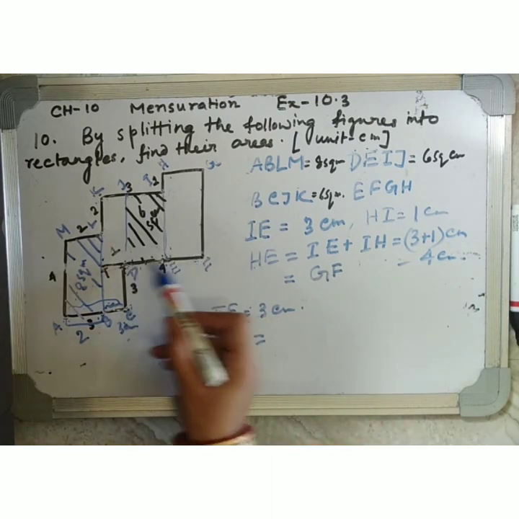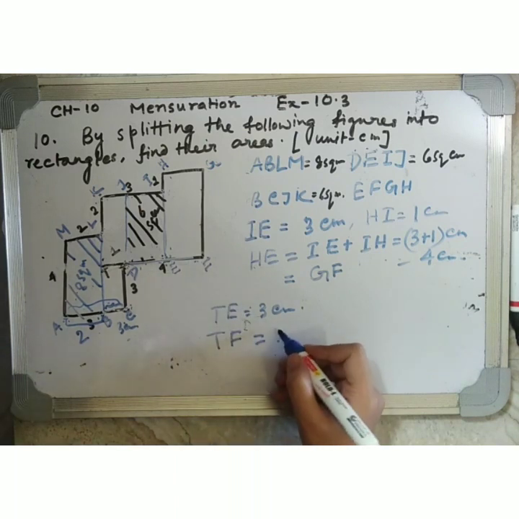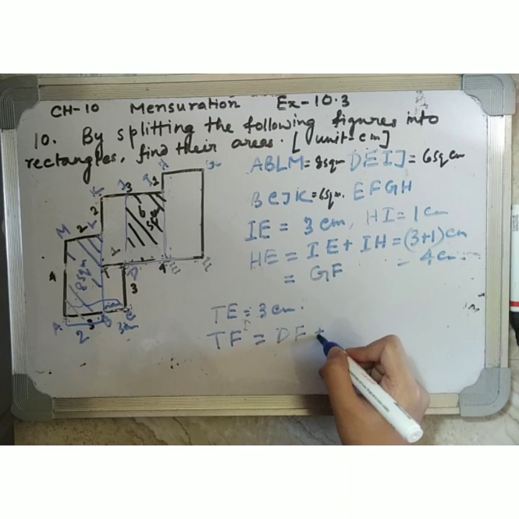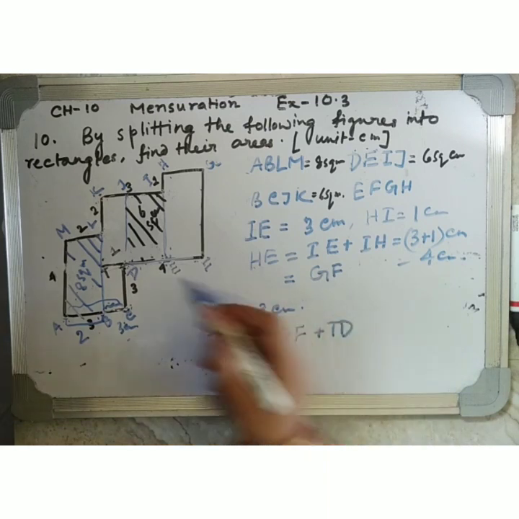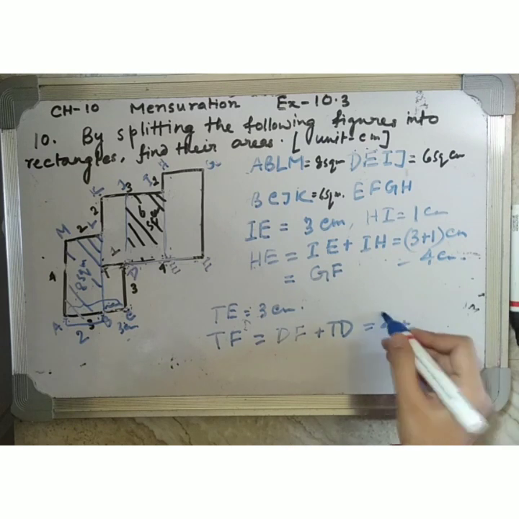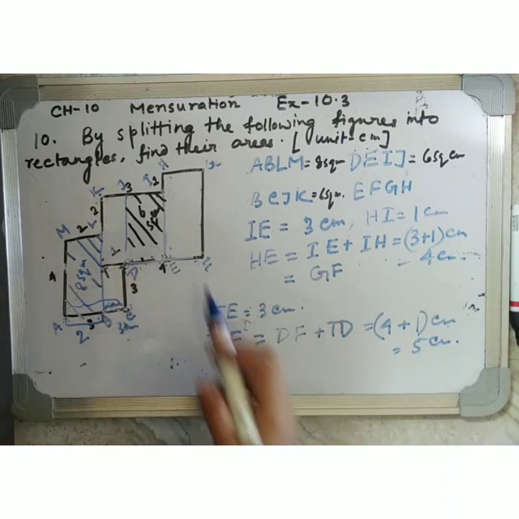DF is equal to 4 centimeter. See, it was already given. So TF will be equal to DF plus TD. DF was of length 4 centimeter and TD was of length 1 centimeter. So 5 centimeter will be the length of TF.